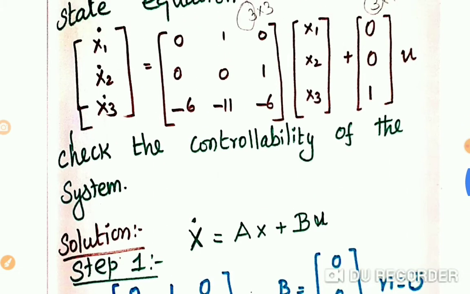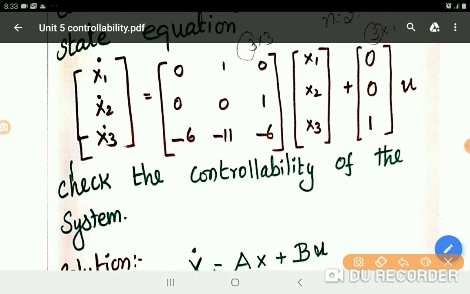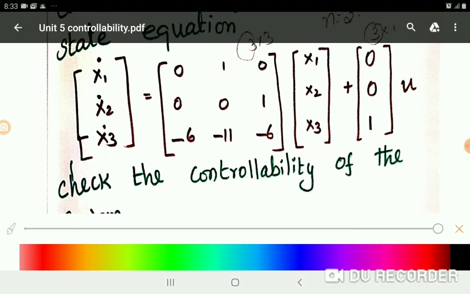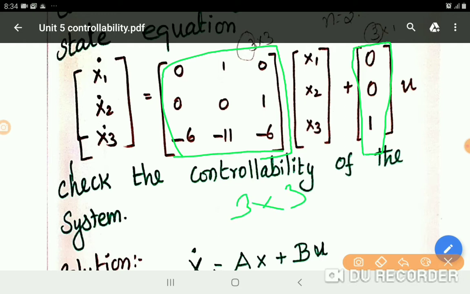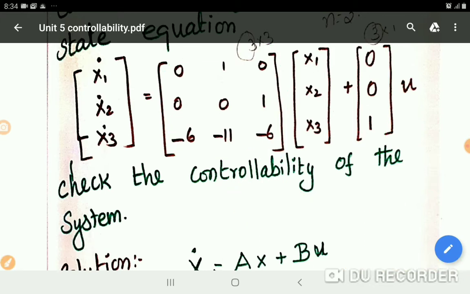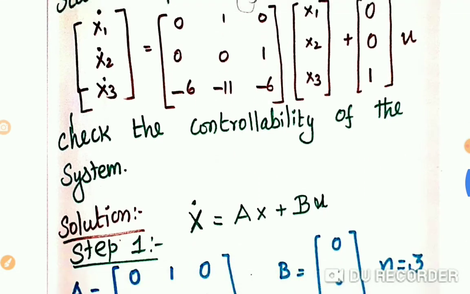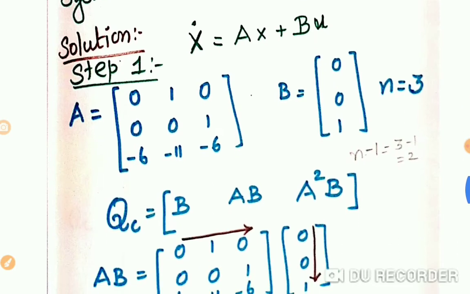As per the question, we have this as the A matrix and this as the B matrix, the A matrix in 3 cross 3 form and B in 3 cross 1 form. So n equal to 3 in this given problem.